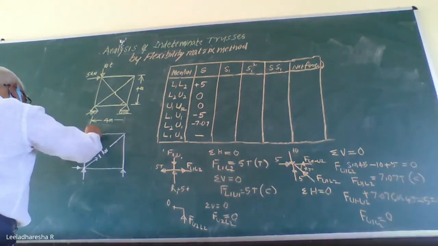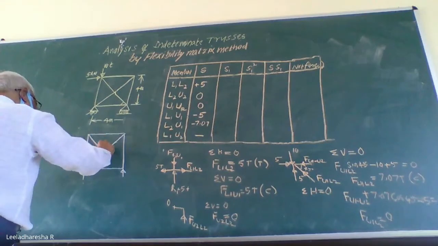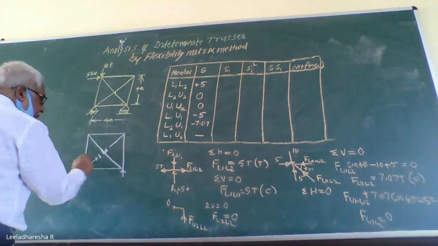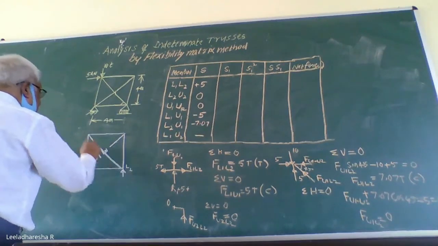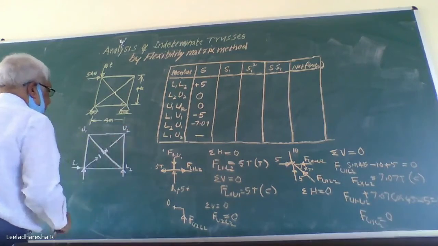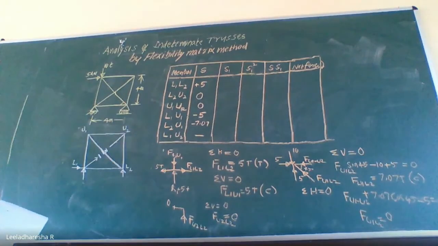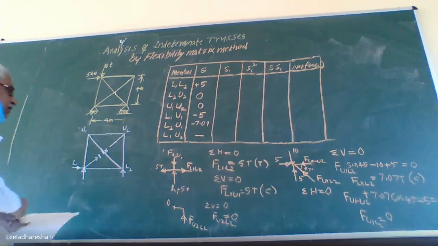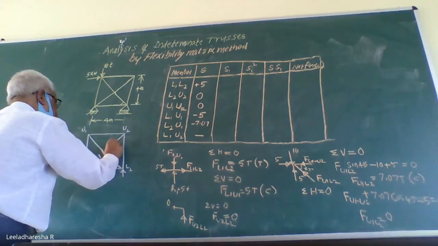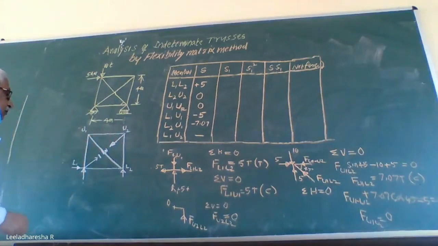Now, have this member also L1, L2, U1, U2. Okay. Now, we can consider a joint which has only two number of unknown forces. 1 kilonewton is acting like this.